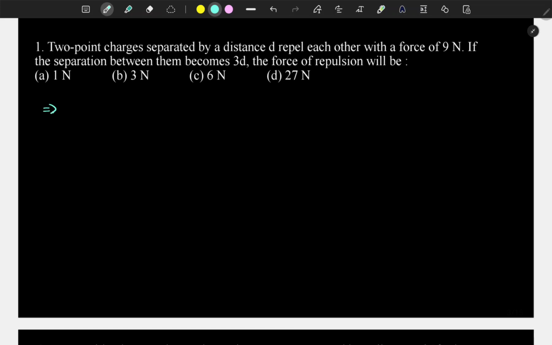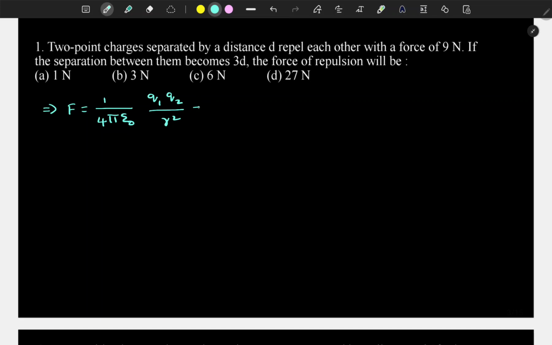So let us solve this, where the topic that we have to use is Coulomb's law. F is equal to 1 over 4 pi epsilon naught q1 q2 divided by r square, where I have taken the k value as 1 because here the medium is not mentioned. I'll consider it as air medium.